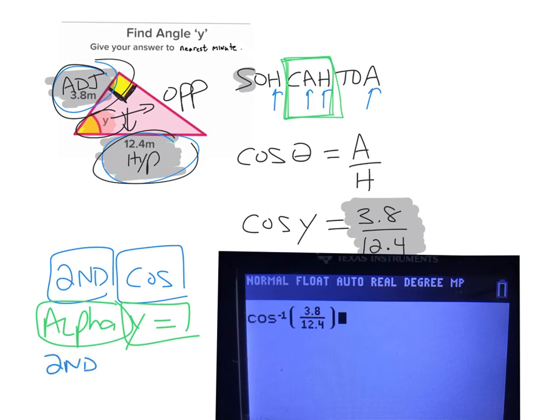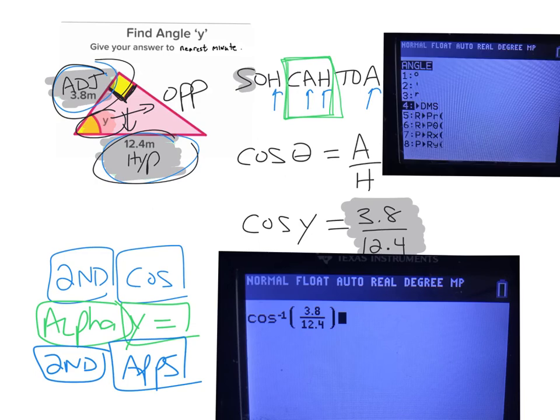Then second and apps. And option 4 for DMS, which stands for degrees, minutes, and seconds.